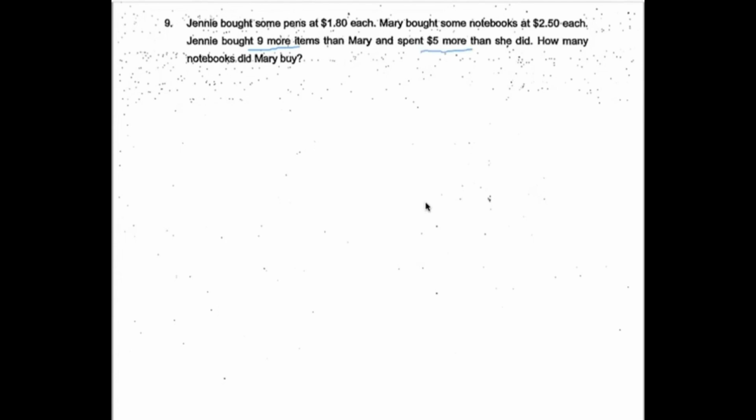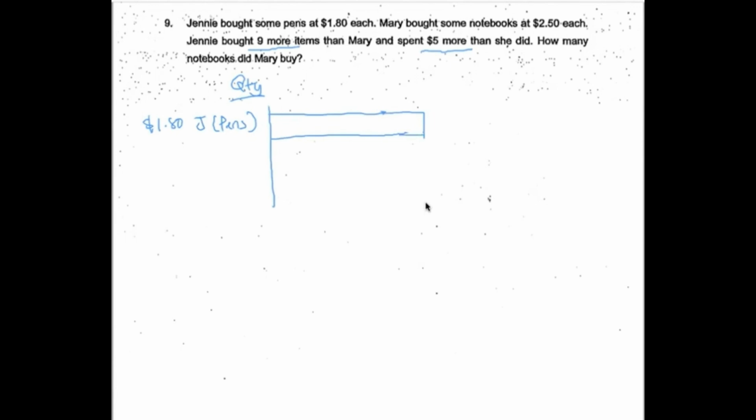So the first model will be a quantity difference model. So we have Jenny, who bought only pens, and the pens are 180 each. Okay, so let's draw a model to represent the pens.